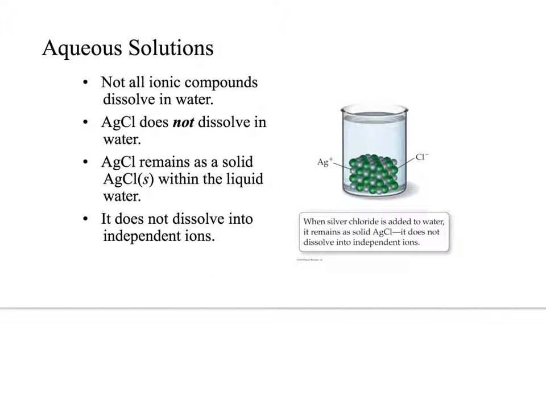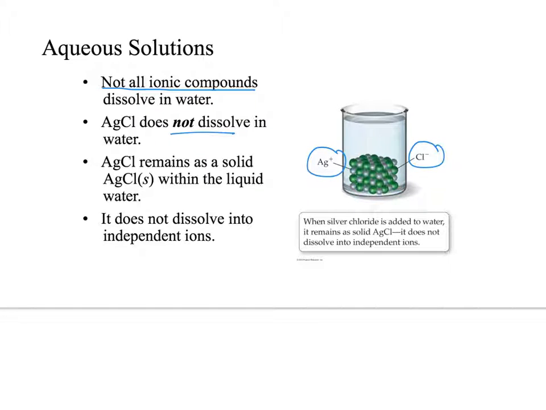It's very important to note that not all ionic compounds dissolve in water. So looking at this example, we have silver chloride. Silver is the positive metallic ion, and chlorine is the negative nonmetal. Together, they create silver chloride, an ionic compound containing a positive and a negative ion. But when you add silver chloride to water, it does not dissolve.